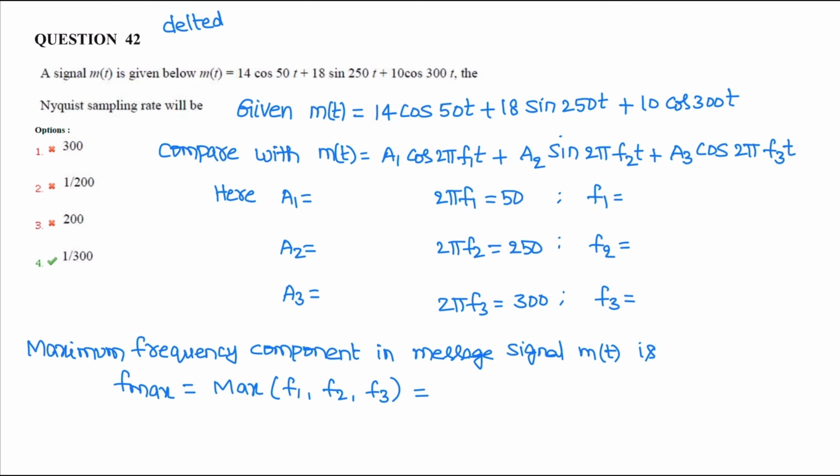On comparison, the amplitude a1 is 14, amplitude a2 is 18, amplitude a3 is 10, and 2 pi f1 is 50, therefore f1 is 50 by 2 pi hertz, f2 is 250 by 2 pi hertz, and f3 is 300 by 2 pi hertz. These are the three different frequencies.